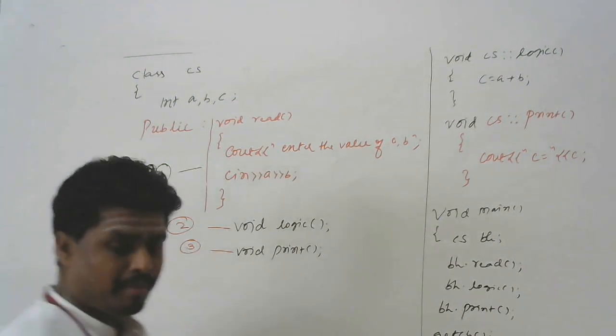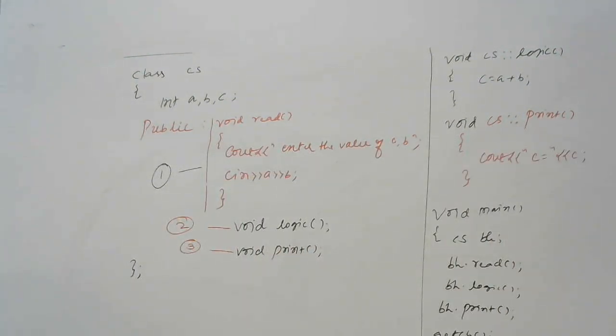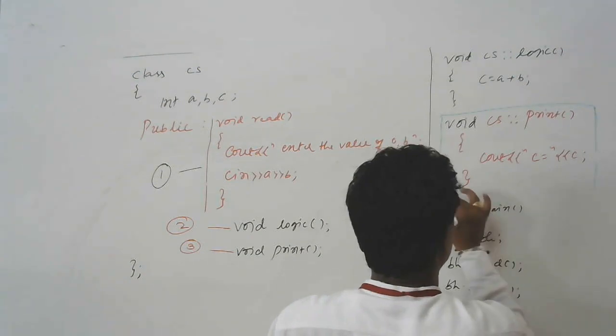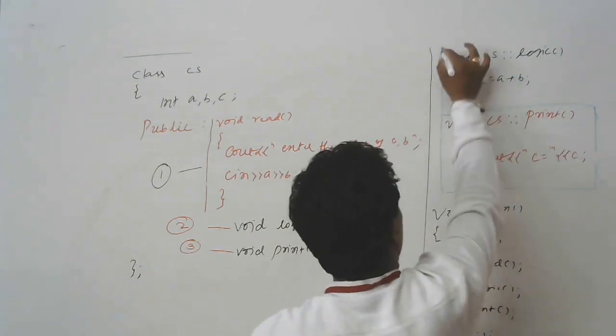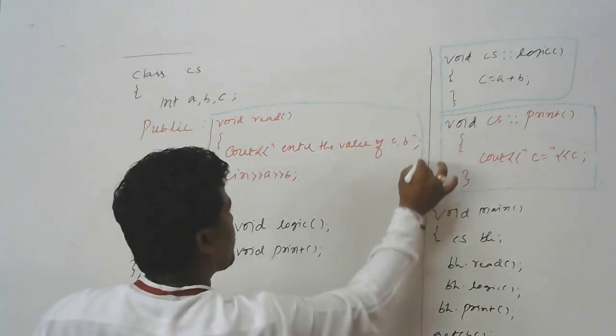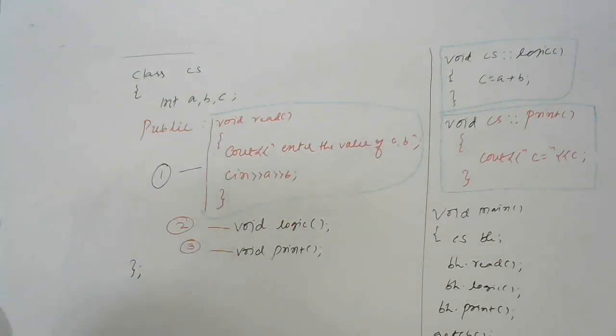This is the member function concept with the 2 different methods. One is inside the class, another is outside the class, in a single program. These 2 are outside the class, and this one is inside the class.